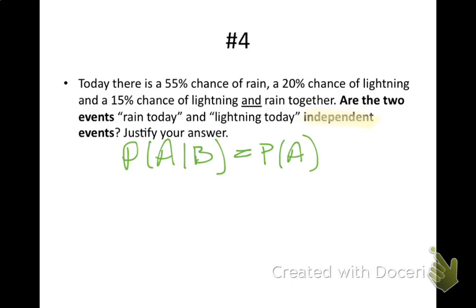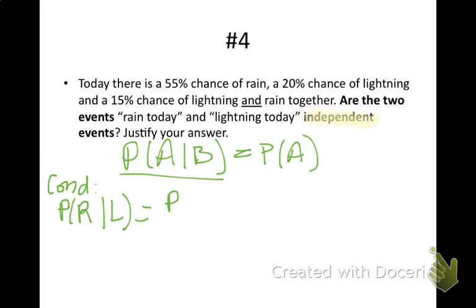So let's look here. We have a little bit of information that's going to help us get the given probability, but we didn't start with that. So the conditional probability is, remember, equal to, let me start using R and L. Let's do rain given lightning.